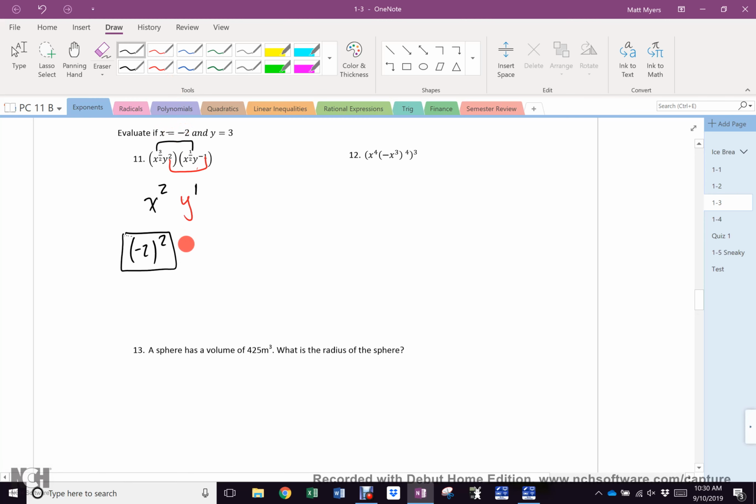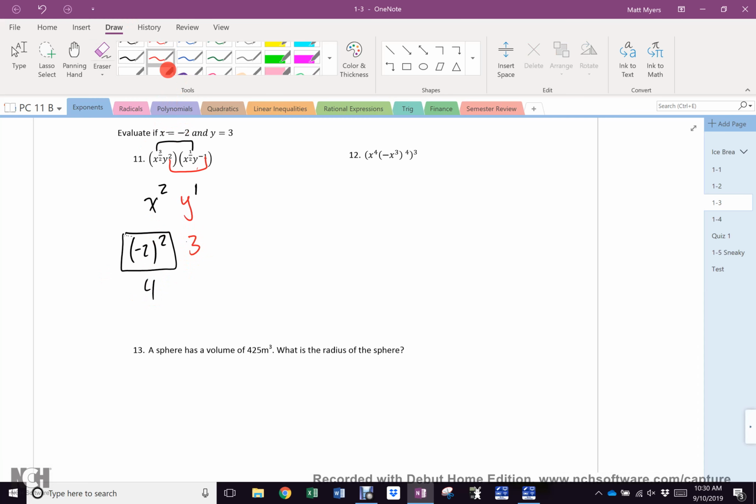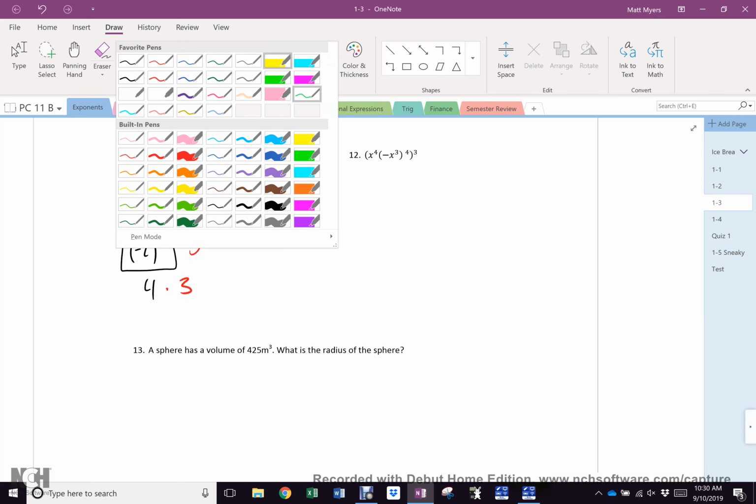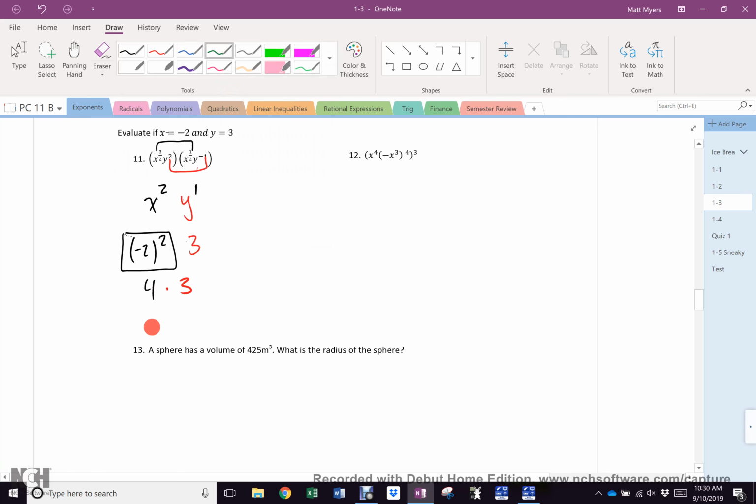What's y? 3. What is -2 squared? +4. And what is +4 times 3? +12. And since I have black and red, they don't mix to anything, so I'm just going to write 12.